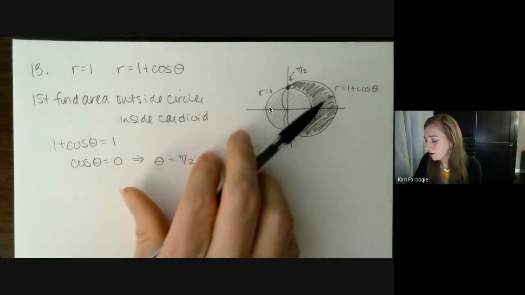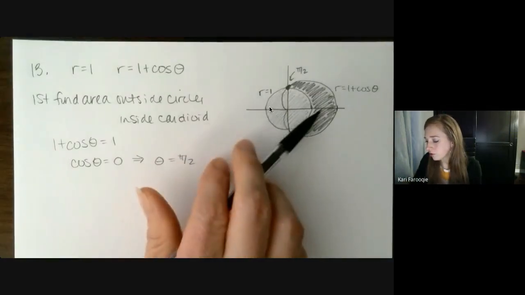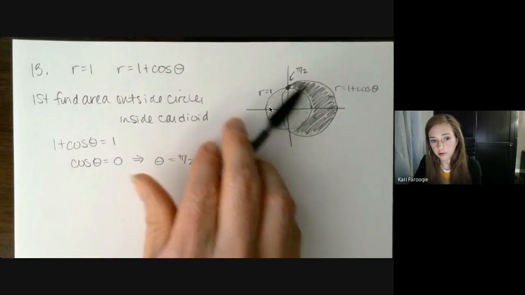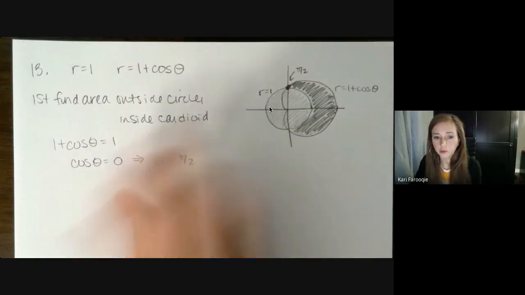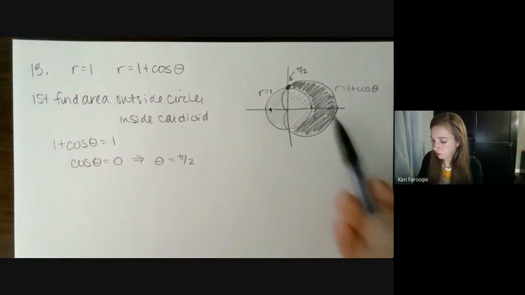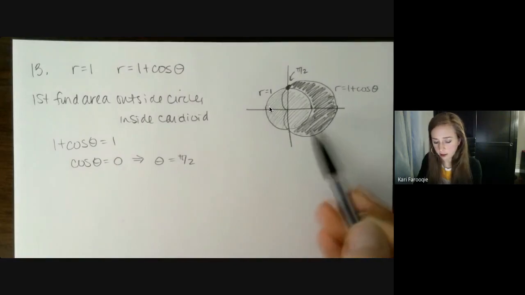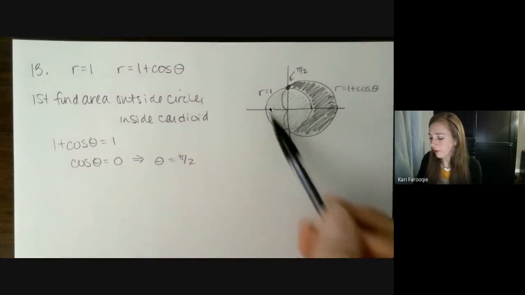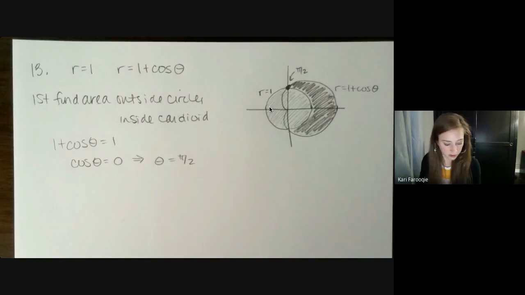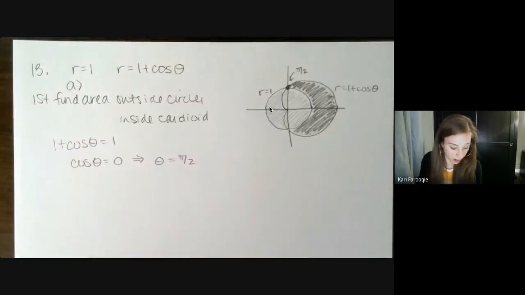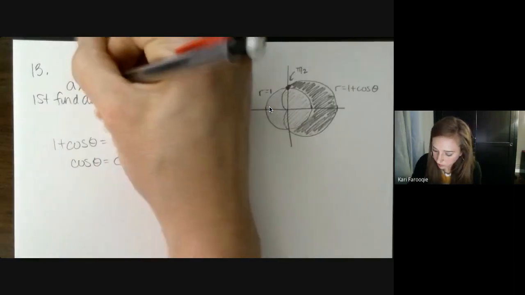I'm going to find the area of this crescent shape from theta equals 0 to theta equals pi over 2. We'll use symmetry and multiply that by 2 to get the bottom half of the area. And then we'll add that to the area of the circle. So this is for part A. So for part A, we're finding inside the circle and inside the cardioid.